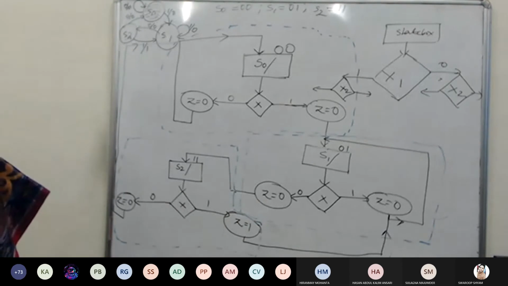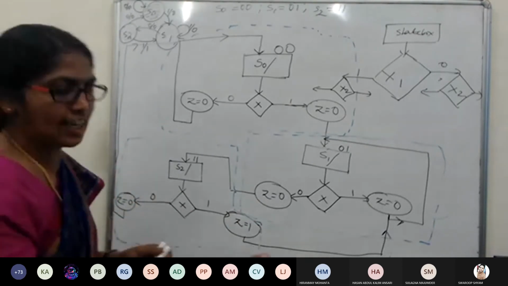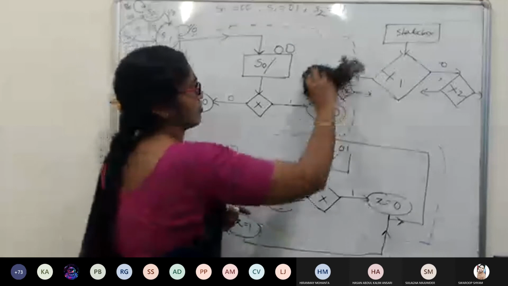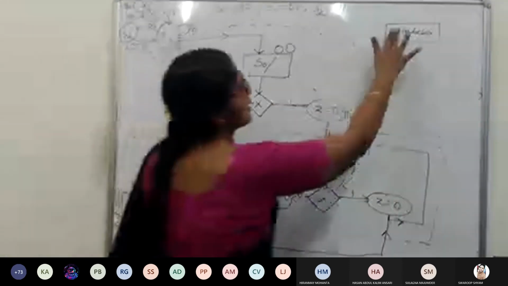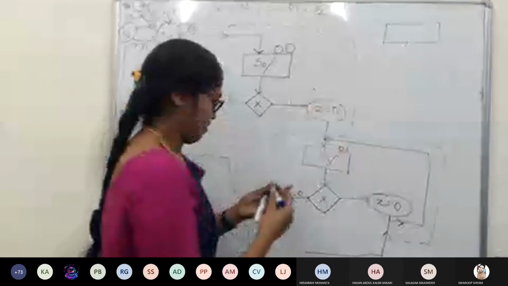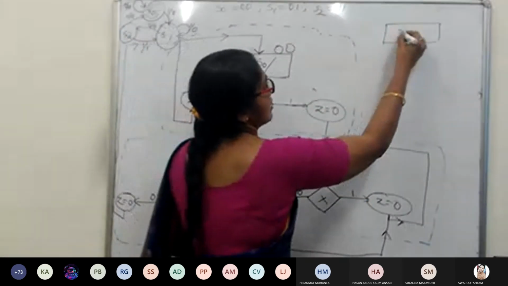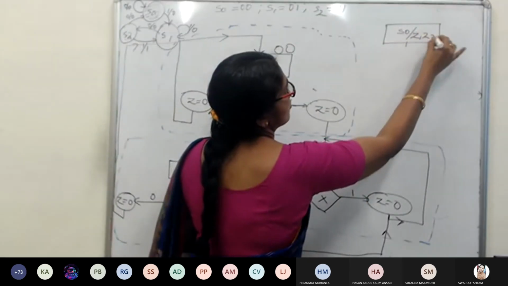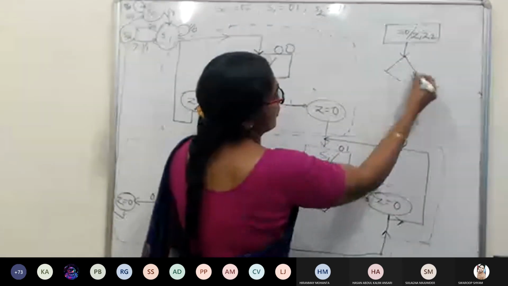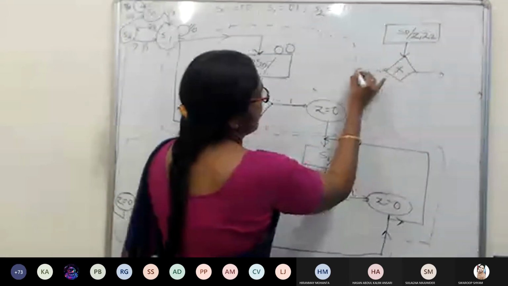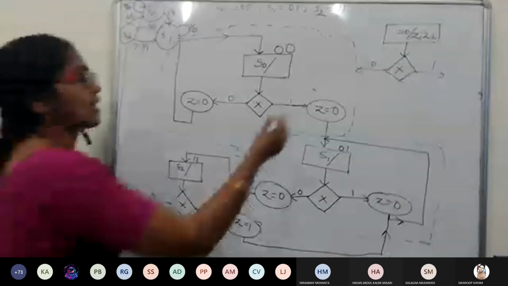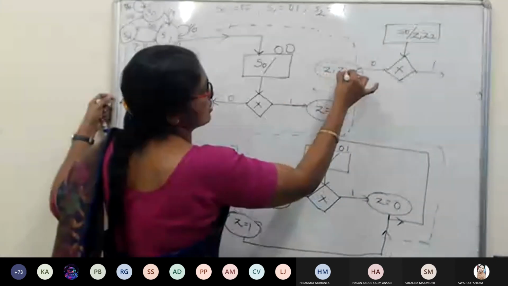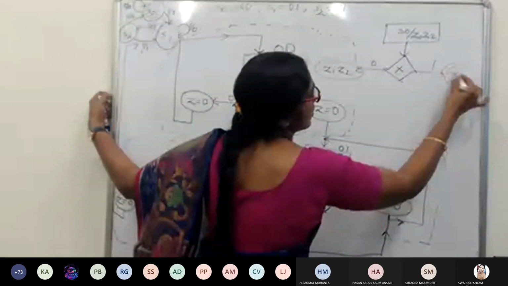Now, second point. If I have 2 outputs like Z1 and Z2. My state box has S0 with Z1, Z2, and I have only one input, X. So I have this 0 and this 1. I can easily show Z1, Z2. Can I do that?